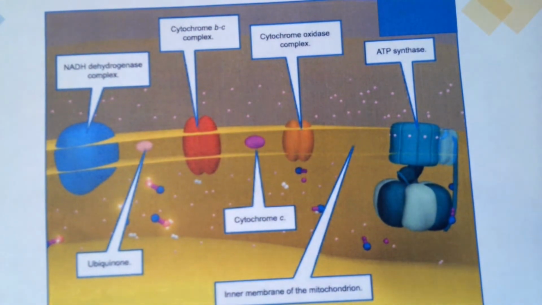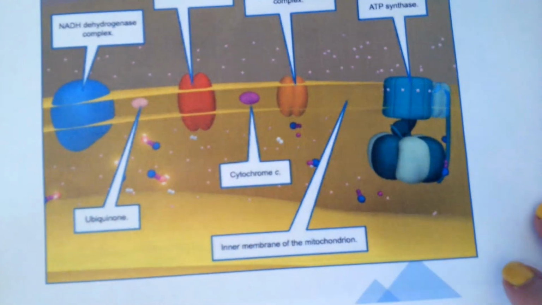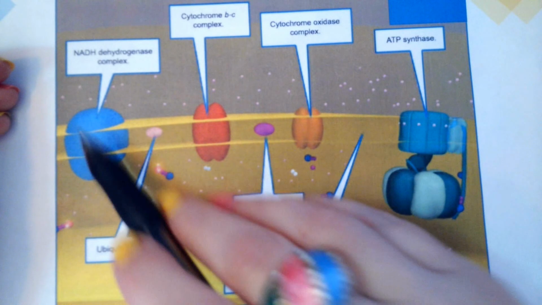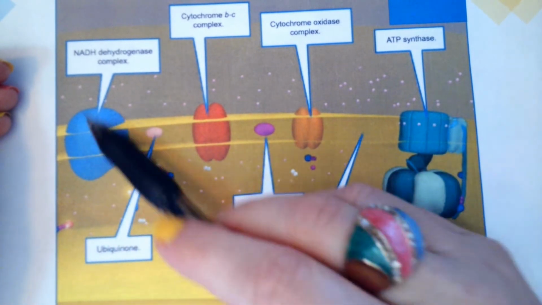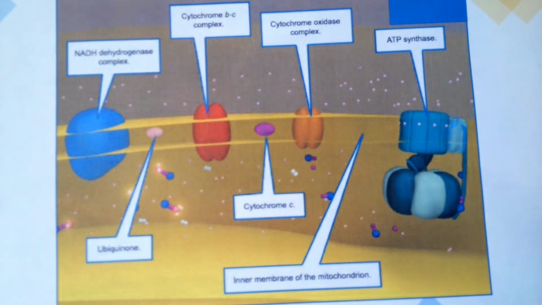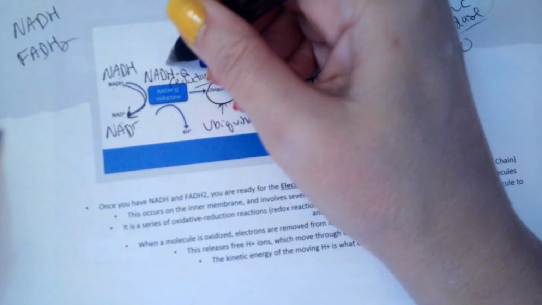Okay, so let's look at the picture of the electron transport chain, a little bit easier to look at as we can see just the various parts of it. So the NADH dehydrogenase complex, that would be what we had here.